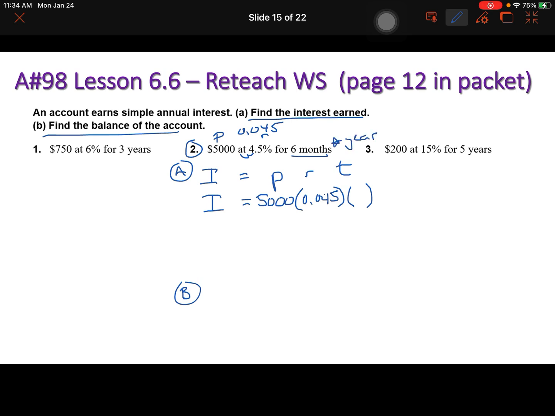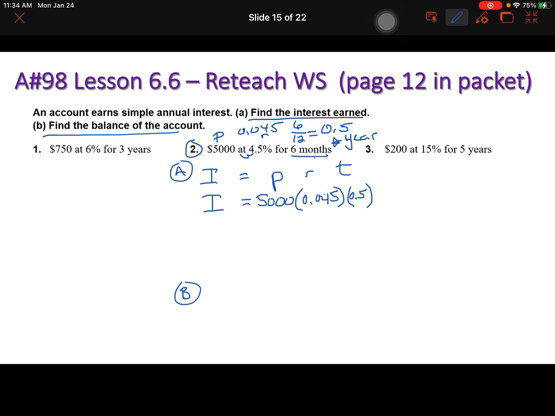And so what you need to recognize is that in a year there are 12 months. So it's really 6 divided by 12 to figure out how many years. And if you divide that, you're going to get 0.5, which is half of a year. So it's 0.5. And now we get to go ahead and use our calculator and multiply.